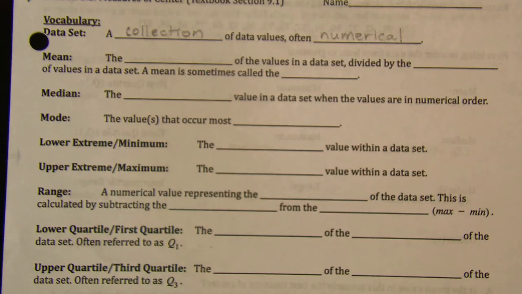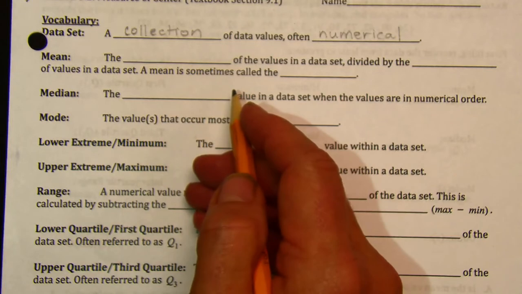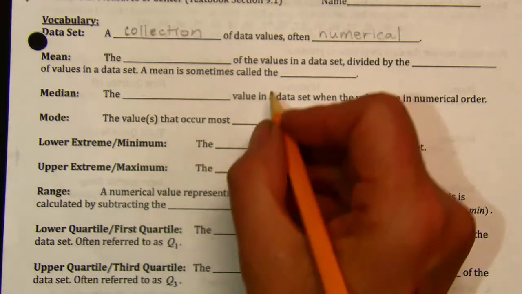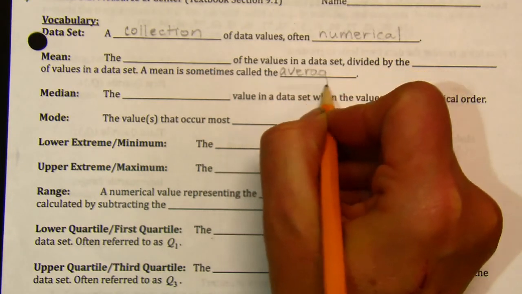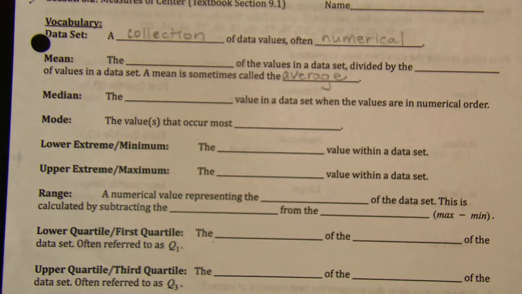The one thing that we could calculate is the mean. And there's another name for mean. What's the other name for a mean? Yeah, right, it's the average. So if I say calculate the mean, you're calculating the average of the set. So how do you find an average?